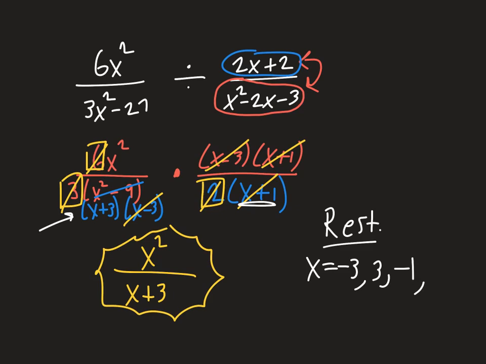But the one some people miss is that in the original problem, this term was the denominator, right? So those are also restrictions, because that was originally there. But we already have those values accounted for. We already have 3 and negative 1 in our list here. So we actually have all of the restrictions, but you do just need to be careful.